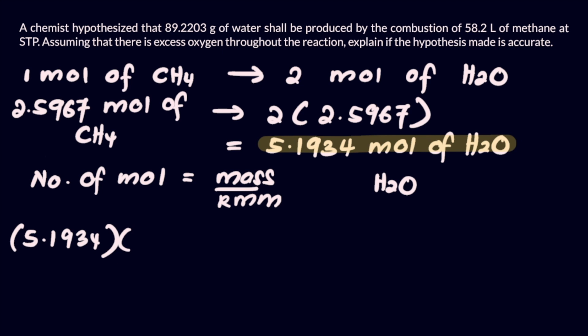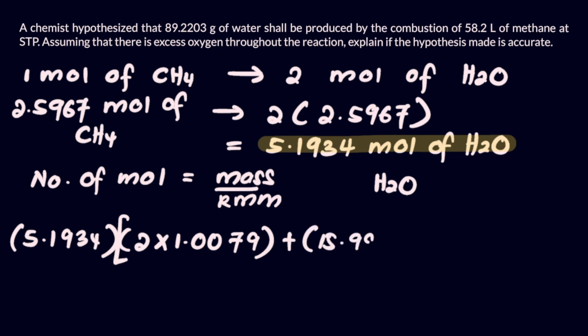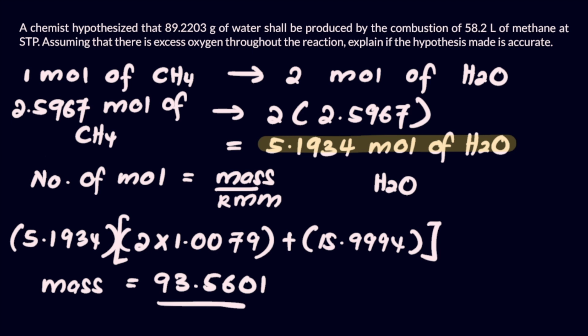So water, H2, so you have 2 mole of H, so 1.0079 plus your O is equivalent to 15.9994. So you will get your mass is equivalent to 93.5601.